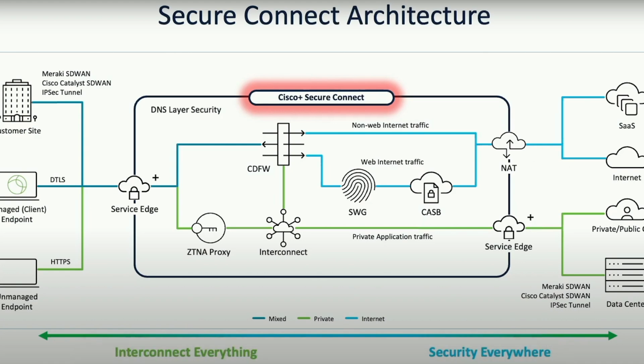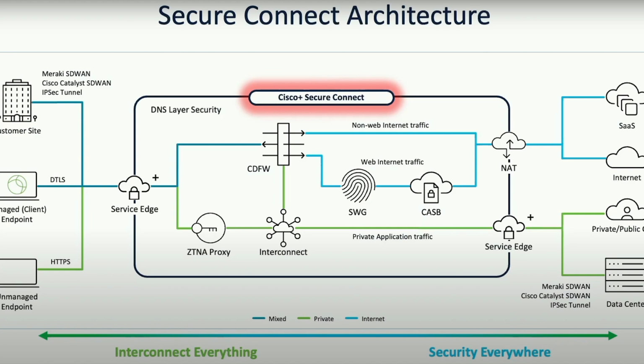At its core, Cisco Secure Connect is a cloud-delivered solution that merges secure access, user identity management, and policy enforcement into a kind of single cohesive platform. It leans on the concept of Security Service Edge, or SSE, which is a big buzzword going around in the industry, and integrates seamlessly with Cisco's broader SASE, Secure Access Service Edge, architecture.